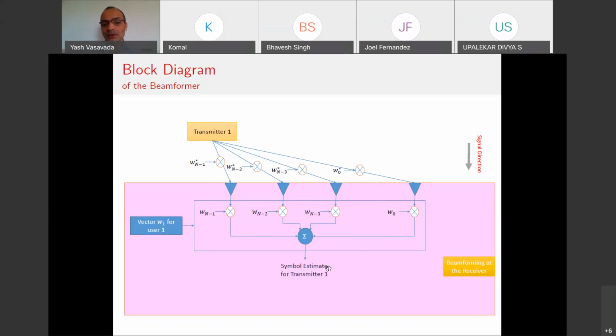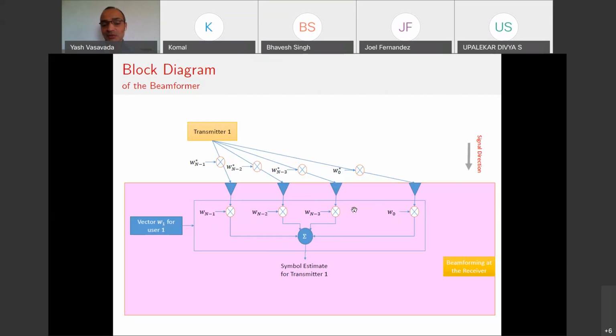Then the output becomes a sinc function of that small delta f naught. And that sinc function and its characteristic is what we have studied earlier on. So this matched filter, why it is optimal, why it gives the maximum output for the desired transmitter, and why it gives increasingly lower outputs, why it essentially performs filtering.